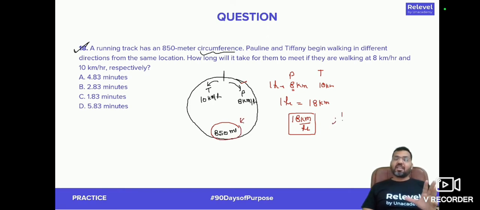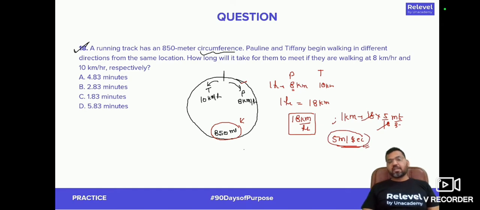I can convert the speed into meters per second by multiplying it by 5 by 18. So therefore, the overall speed is 5 meters per second. Both of them are moving towards each other at a speed of 5 meters per second. So an 850-meter distance at a speed of 5 meters per second will be covered in 170 seconds.